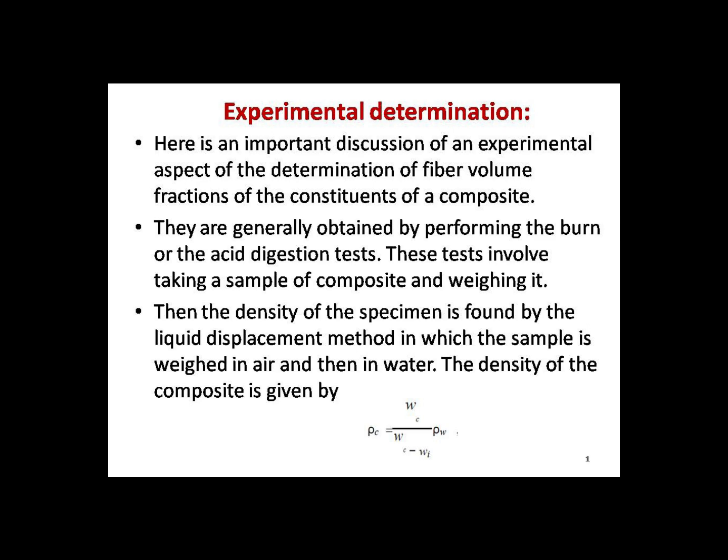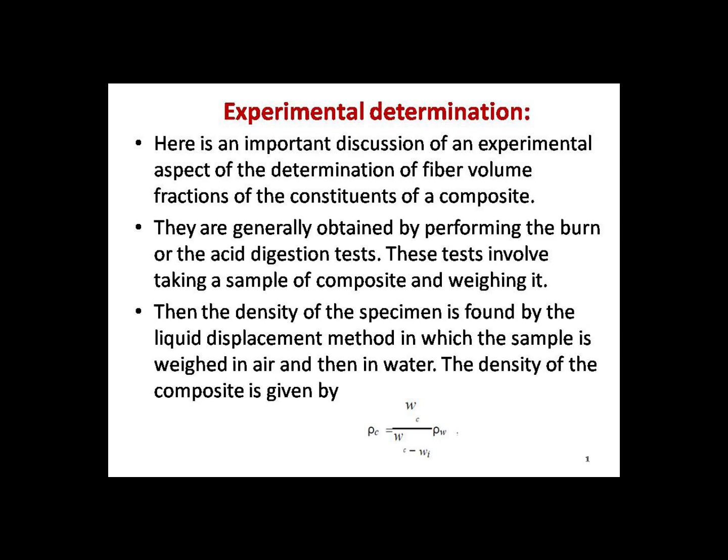Now here is an important discussion about the same experimental aspect, the determination of fiber volume fraction from the constituents of composite. They are generally obtained by performing the burn or the acid digestion test, and these tests involve the density of the specimen, which can be found by using the liquid displacement method, in which the sample has to be weighed in air first, and then the same sample has to be weighed in water.